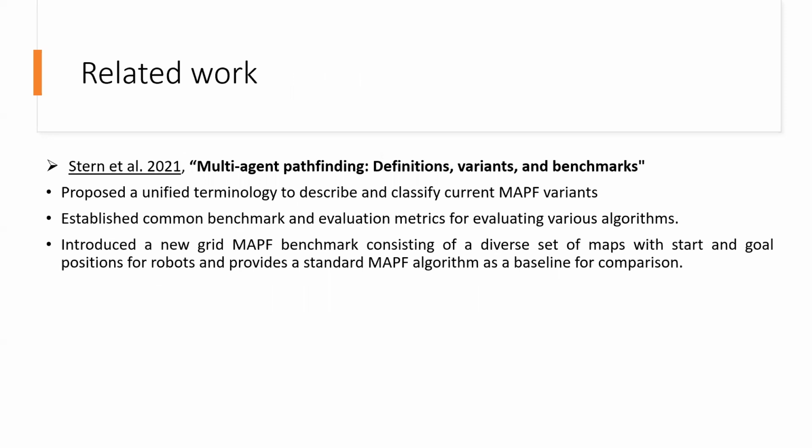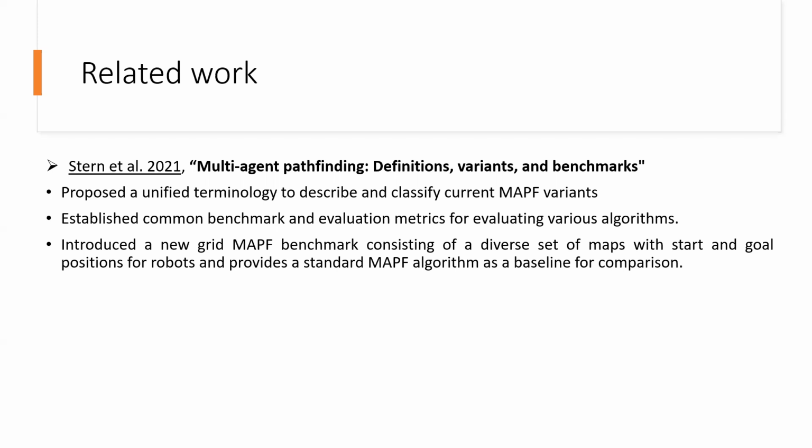I'll continue with the related work. I'll glide through these slides quickly as we have already been through this before. The first work is titled Multi-Agent Pathfinding Definitions, Variants, and Benchmarks. This is a paper which proposes a unified terminology to describe and classify the MAPF problem and its variants.